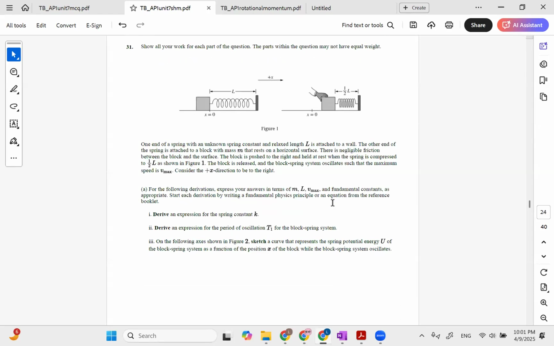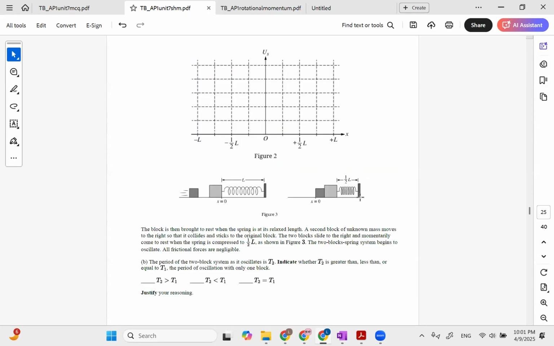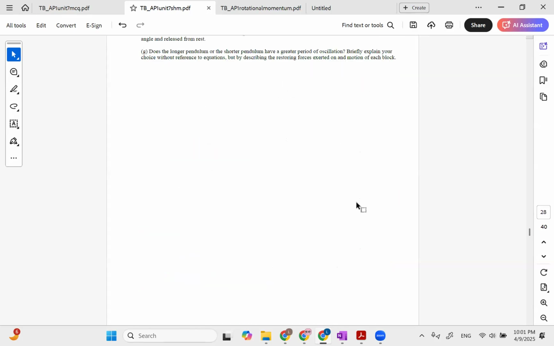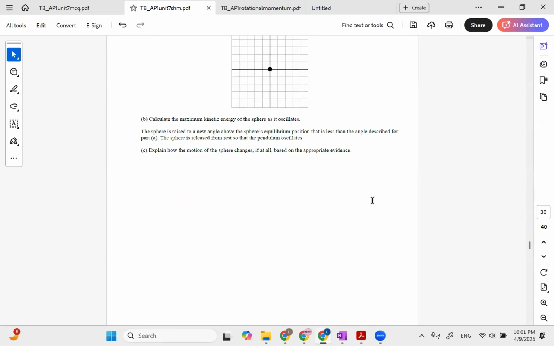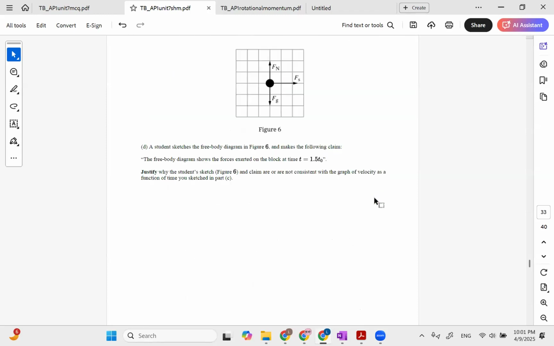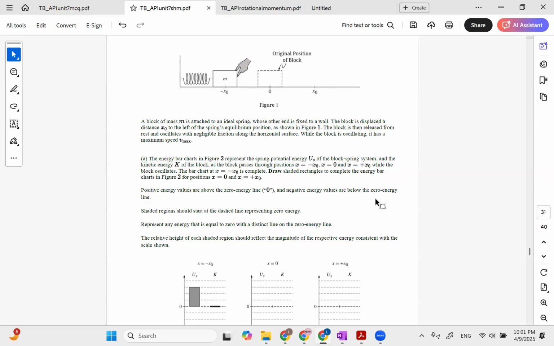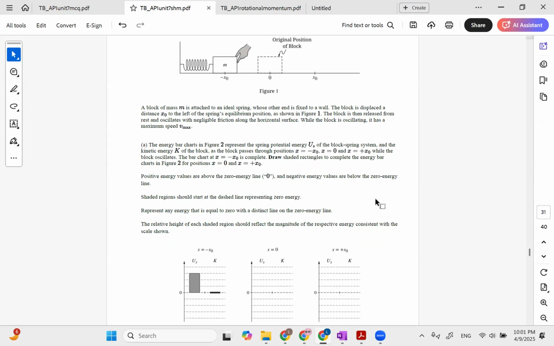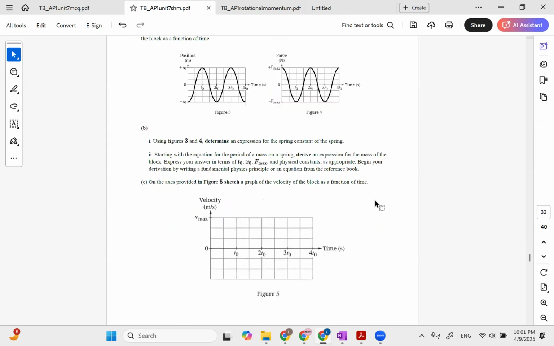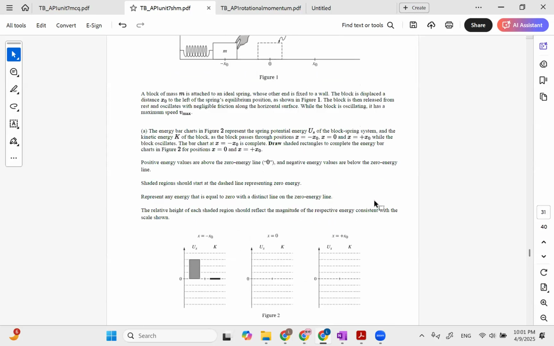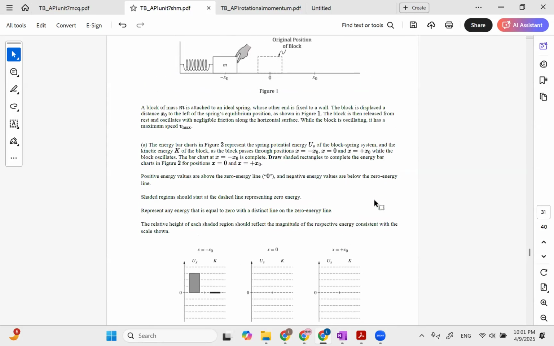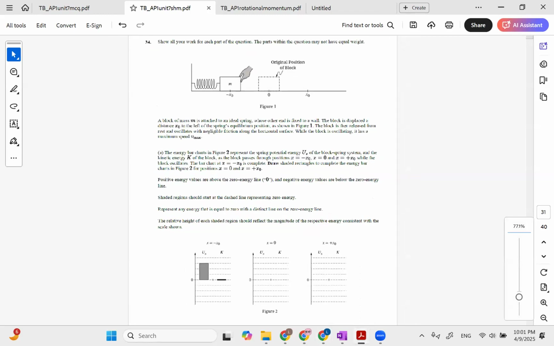Always, for any measurement you have, always you need to repeat, okay? Now, did we talk about this question last time? This one? The spring one? This one we didn't, right? So let's read through this question.